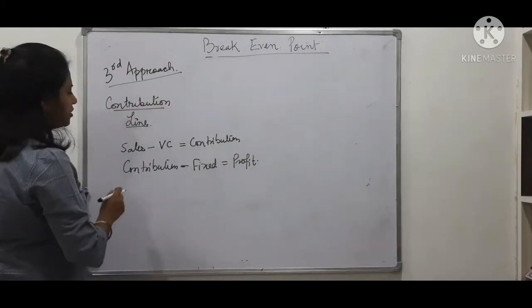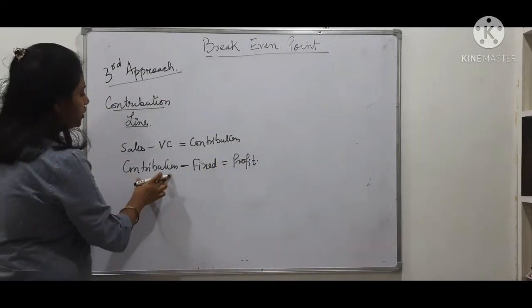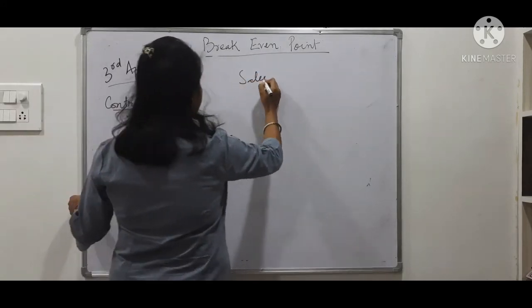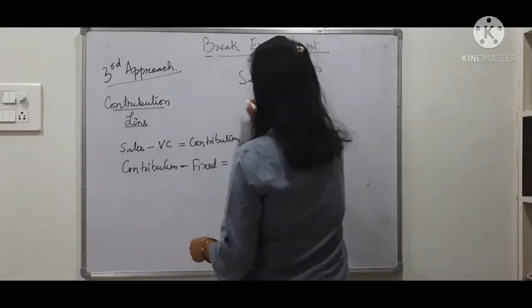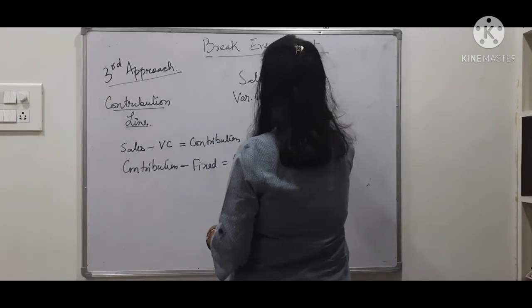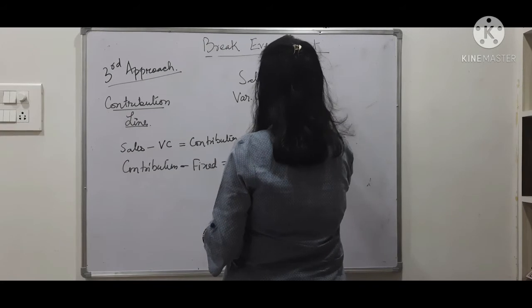Let me tell you here, if my sales is 100 and my variable cost is 20, so my contribution is 80.